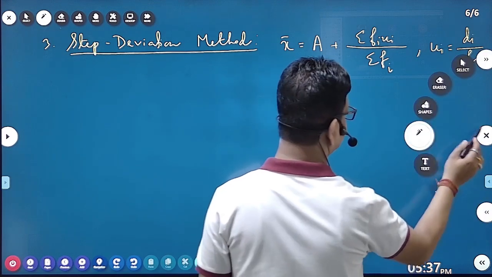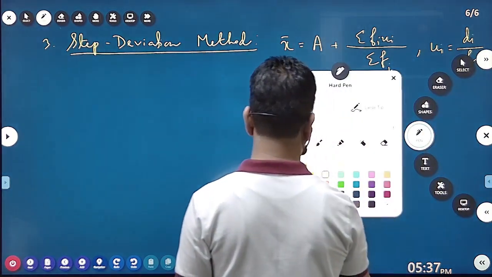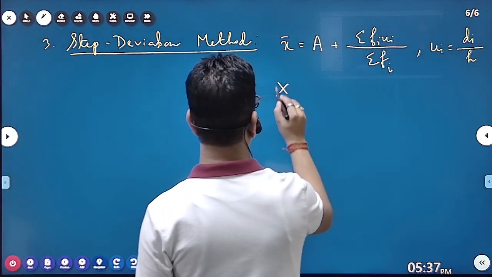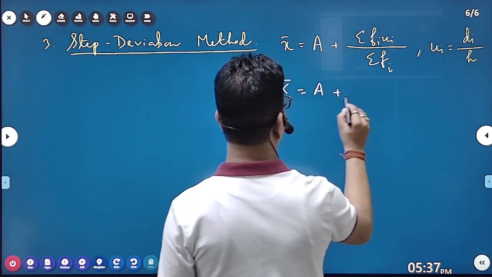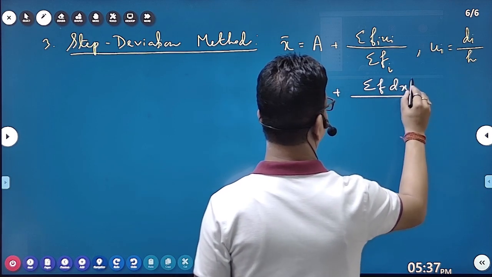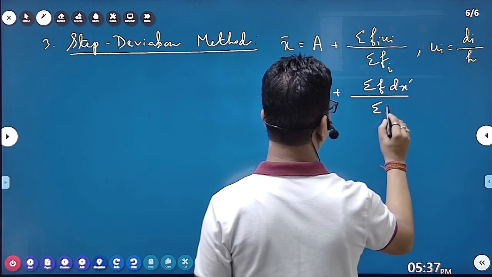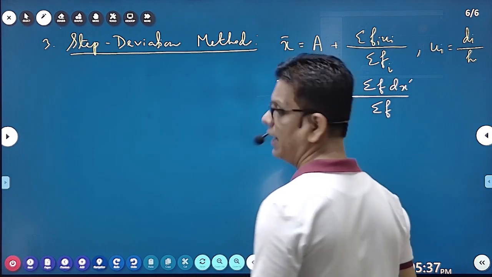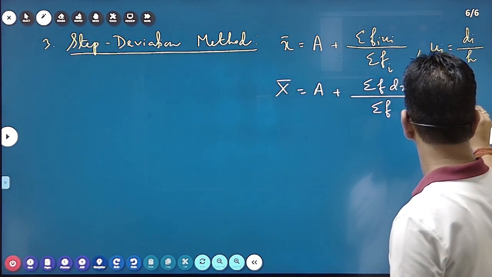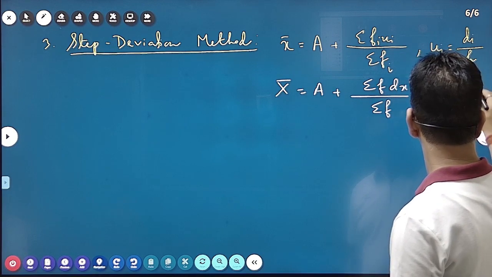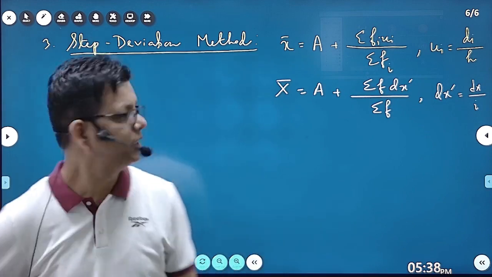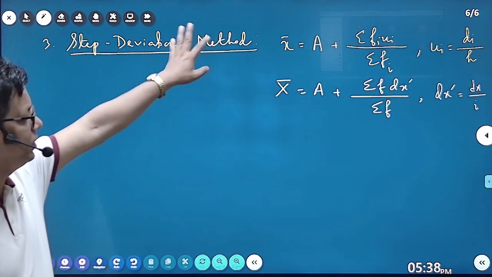In the book they have given x bar equal to a plus summation of f dx dash, and then summation of f, or they might use n. Here dx dash is dx by I. So I is h only. Same thing. I'm using the first one.